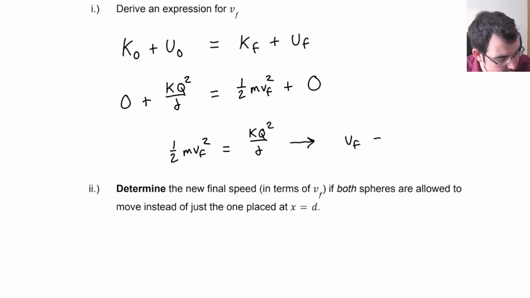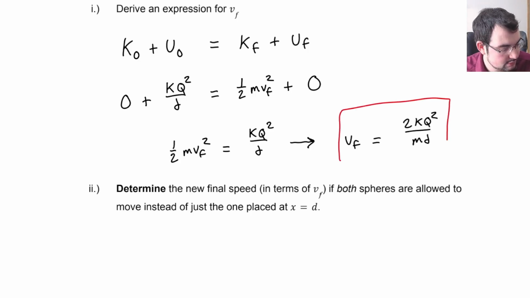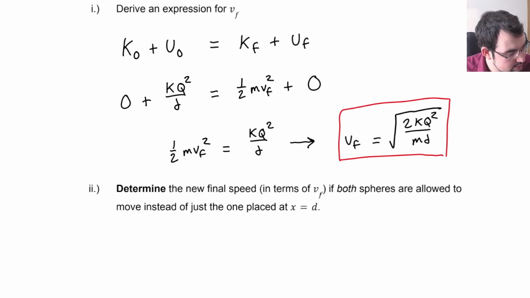Multiply by 2, divide by m, take a square root, and we get the square root of 2 kq squared over md. Pretty common, pretty standard result here. This is a pretty classic energy conservation scenario we should know how to do.